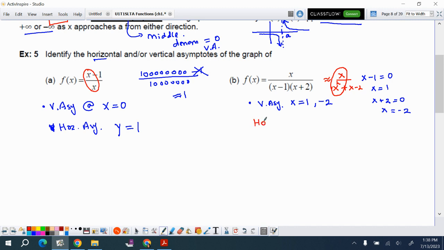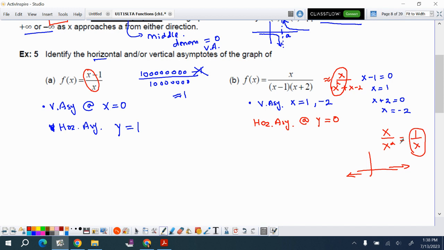So the horizontal asymptote is at y equal to 0. What y equal to 0 means is that x over x squared is basically 1 over x. And we know that 1 over x has a horizontal asymptote at 0 because this is a bottom heavy function.